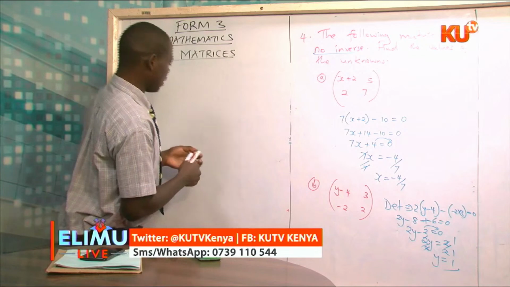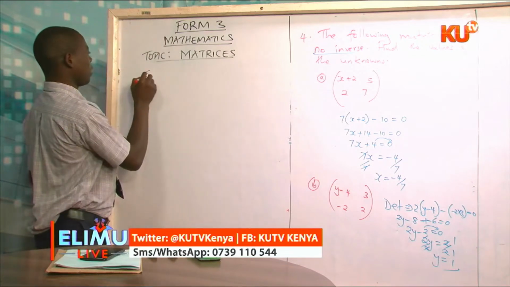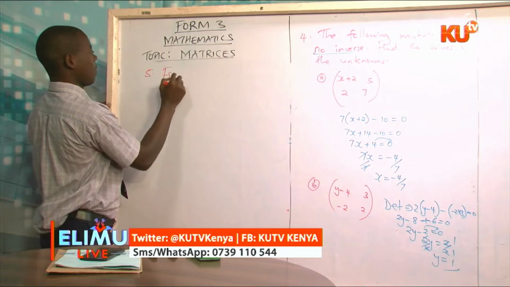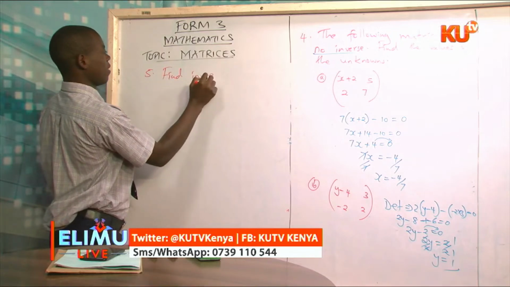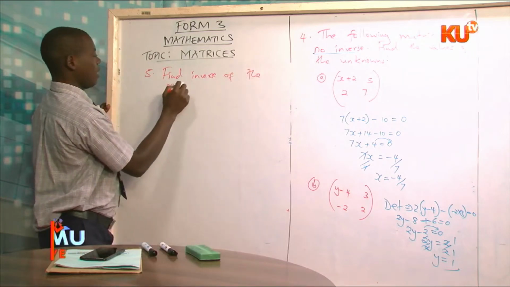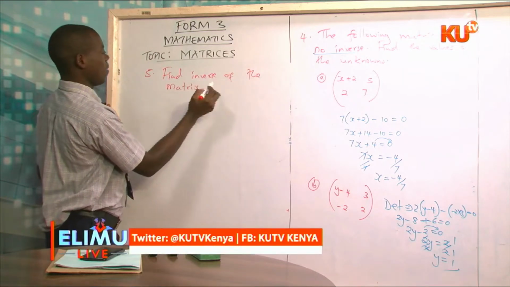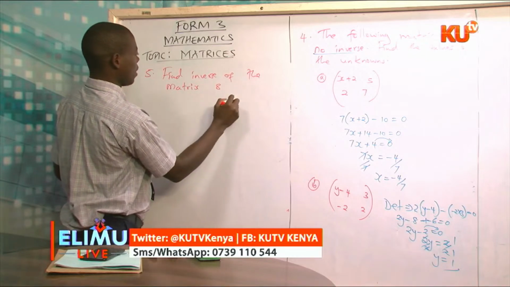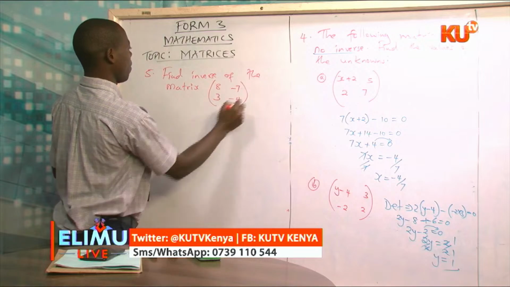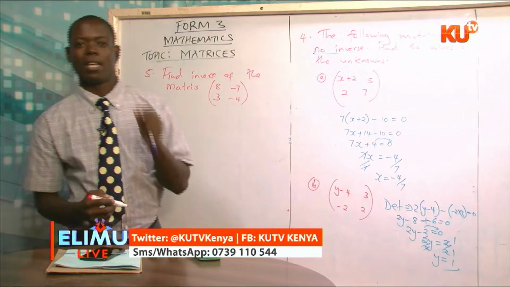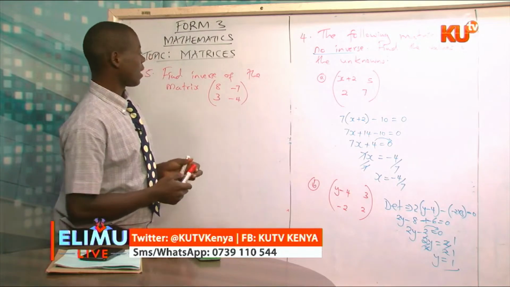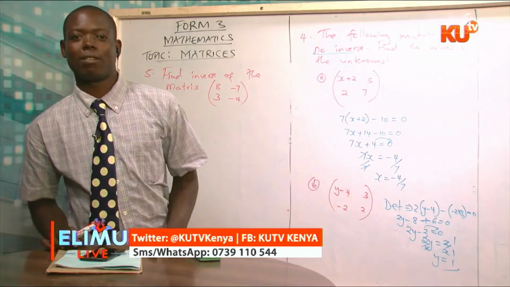The last case, last example, before we can conclude our lesson, you are told to find the inverse of the matrix 8, negative 4, negative 7, 3. You find the inverse of the matrix 8, negative 7, 3, negative 4.